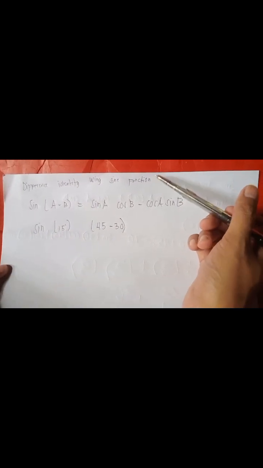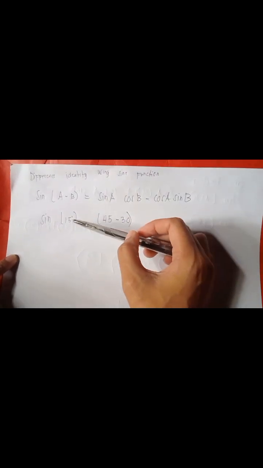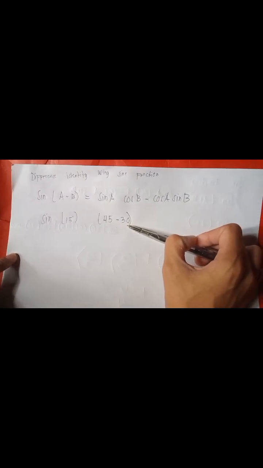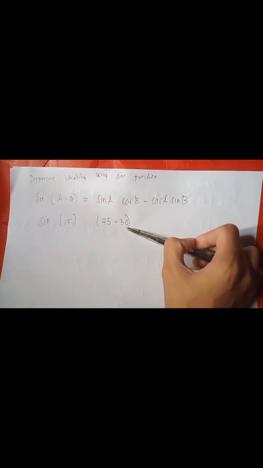So next, let us do the difference identity using sine function. So the formula here is sine A minus B equals sine A cosine B minus cosine A and sine B. So sine 15 degrees. So 45 minus 30 is equal to 15.